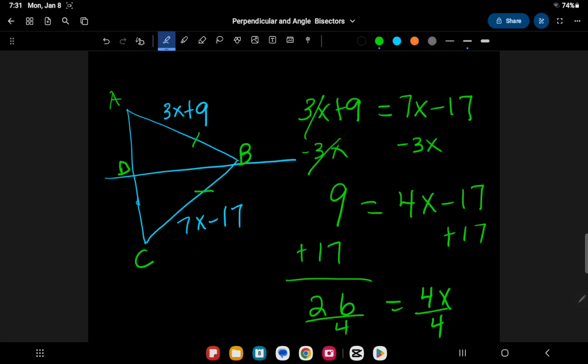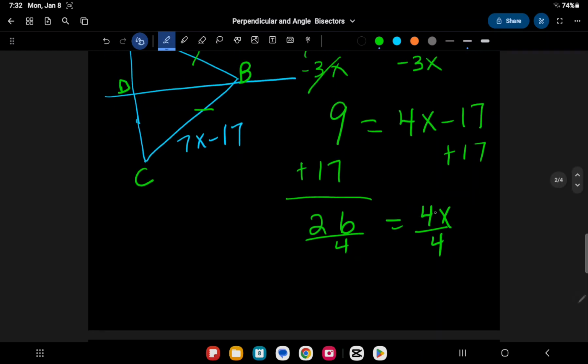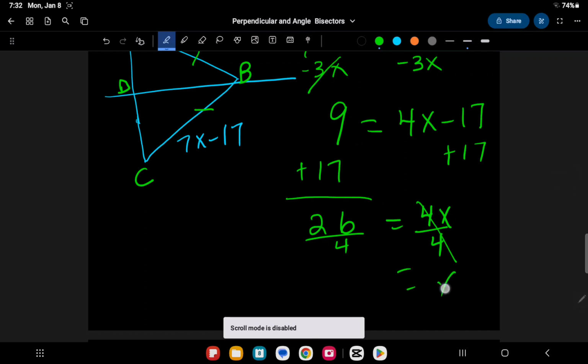And when you work that out, we cross those out, so we're left with x. And 4 into 26, we will get 6.5. Okay, so x is 6.5.